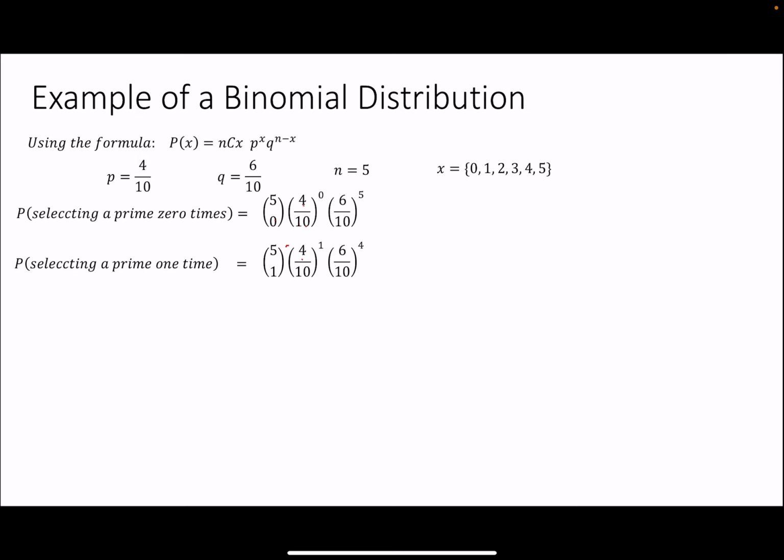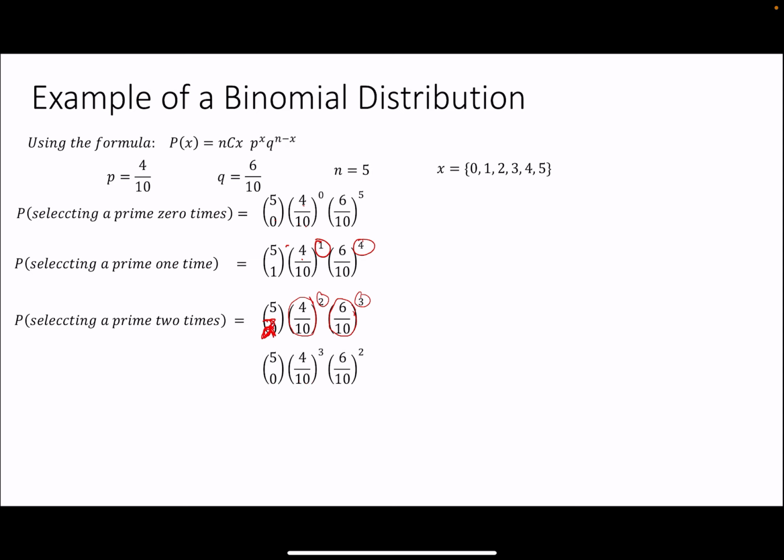Times probability of success to the power of 1. Probability of failure to the power of 4, right? Number of failures. So probability of 2 primes. So two successes, right? Times the probability of success, 3 failures times the probability of failure. And that's actually 5 choose 2, right?